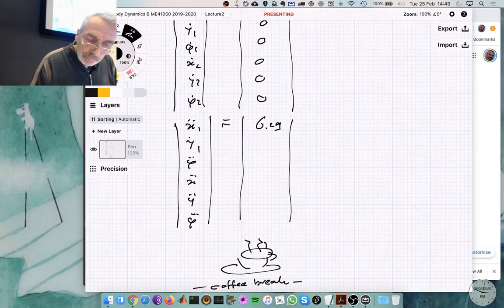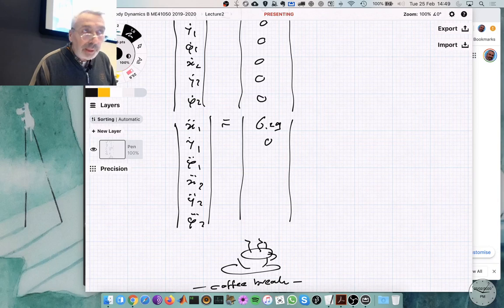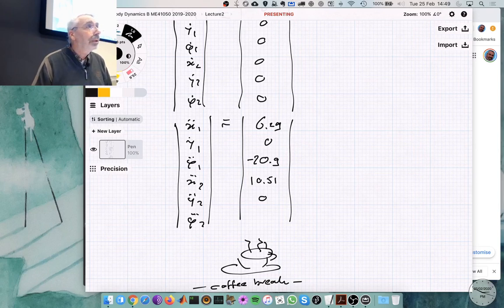Very good. 1, 1, 1, 2, 2, 2. Yeah, this was a 0. This was minus 20 point whatever, 9 or something. This was 10.51 from memory. And what was phi double dot 2? 6.98. Really? 6.98 plus.